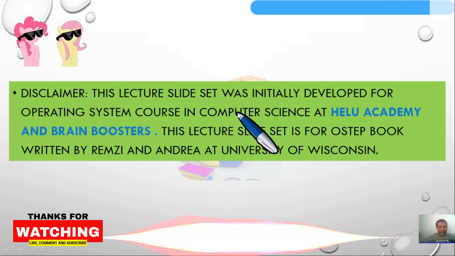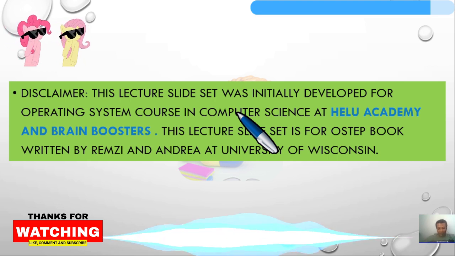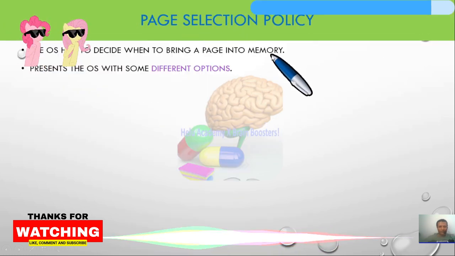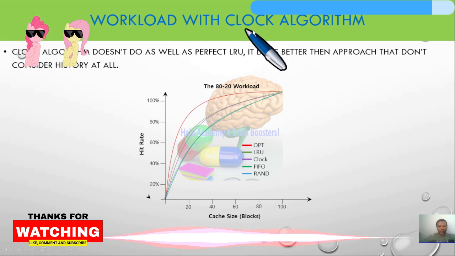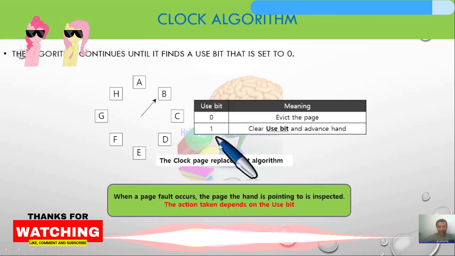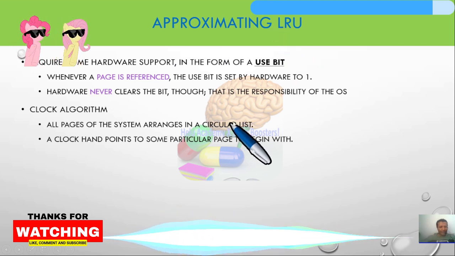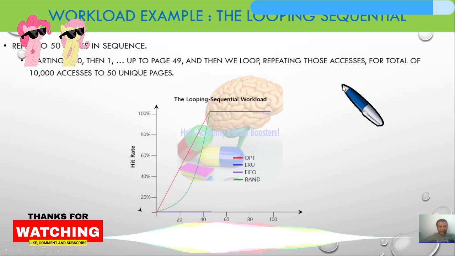I hope this video was helpful and gives you a very good idea of what chapter 22 was. So thrashing, clustering, grouping, prefetching, page selection policies, considering dirty pages. What is a dirty page? Now you know. Workload with clock algorithm, comparisons of clock algorithms, approximating LRU, and implementing historical algorithms.